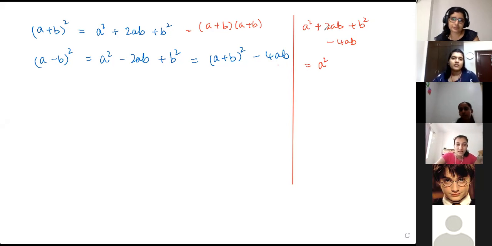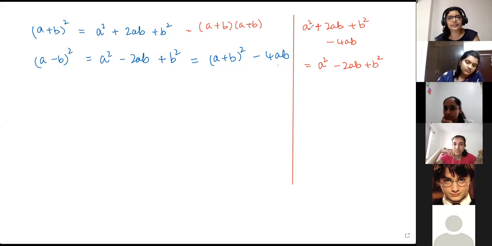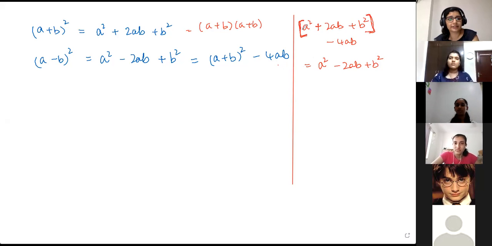Plus 2 minus 4, you'll get minus 2ab plus b square. So what can I write this part as? What identity does it look like? A plus b whole square.